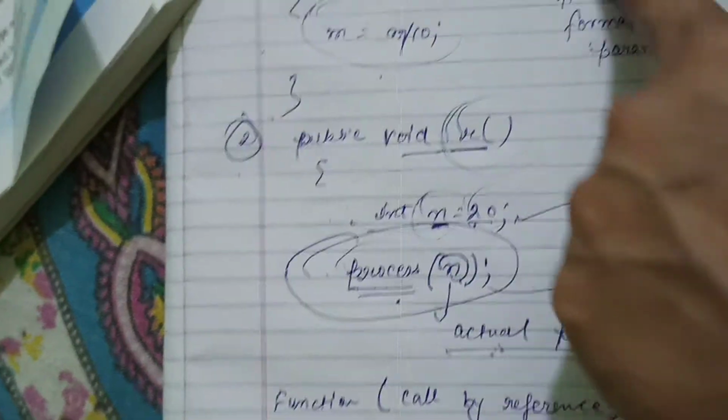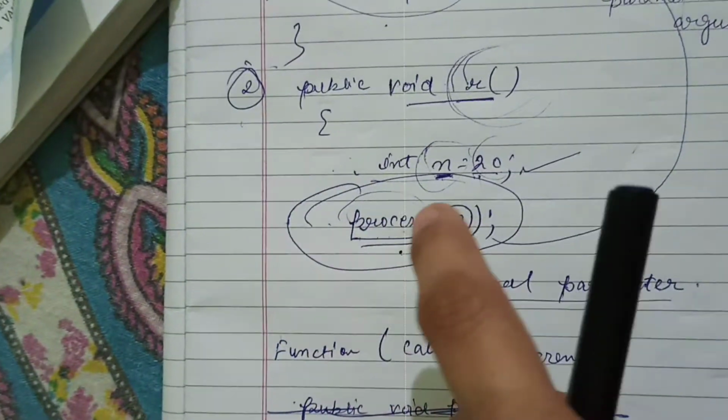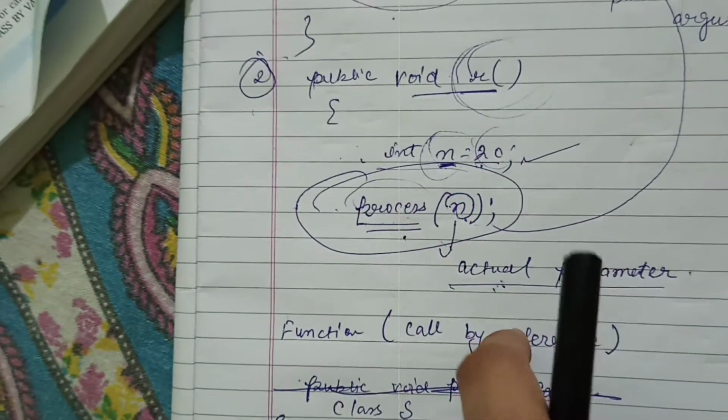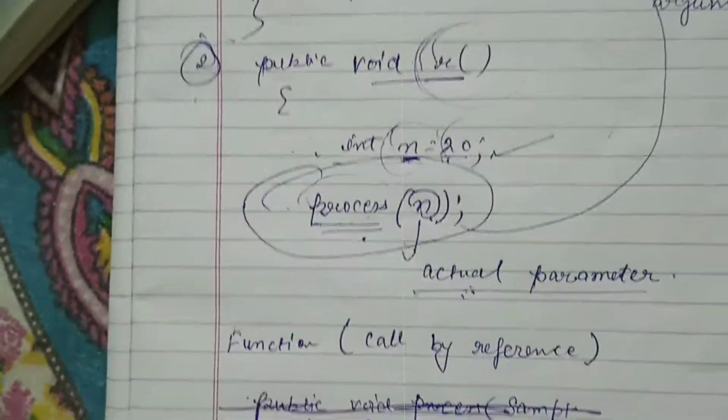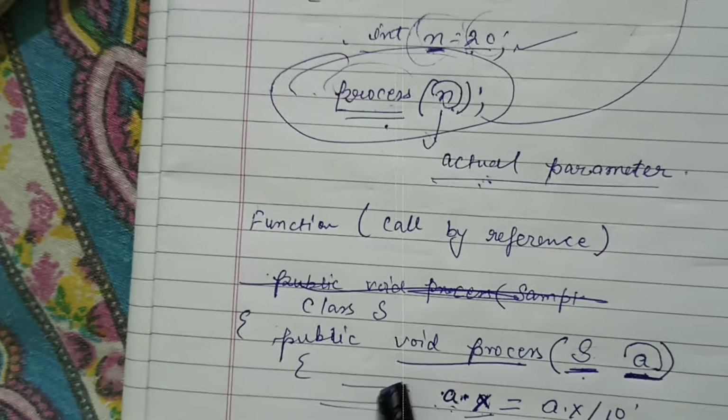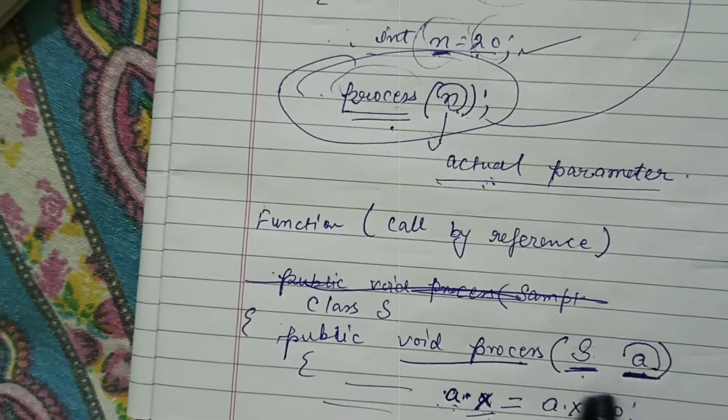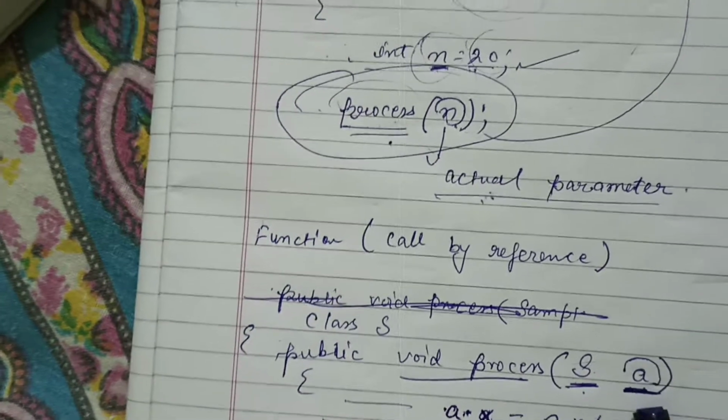If I do any changes in the formal parameter, it will surely reflect in the actual parameters, at the time of the function call. That is call by reference.